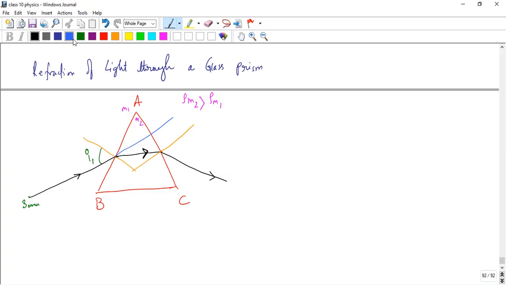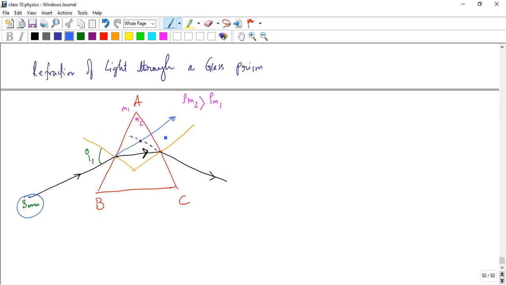Now we check: that is the incident ray, that is the refracted ray, and that is the emergent ray. We discussed what the emergent ray is in the previous class. If the emergent ray also followed a straight path, and the glass prism were not placed here, the ray of light would travel in that direction.